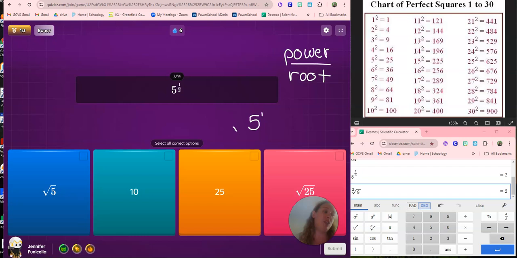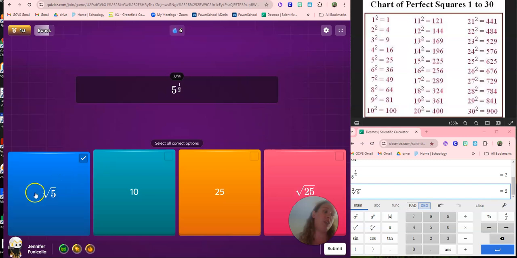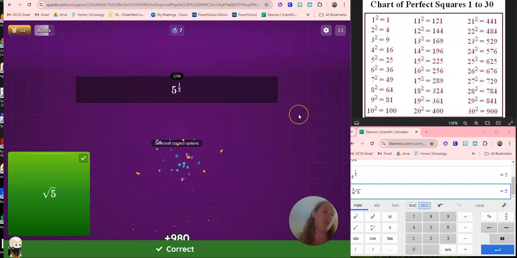We don't put it there. And then we want to put a square root around it. So 5 to the 1/2 is the same thing as the square root of 5. Brilliant. Oops, I did submit. There we go.